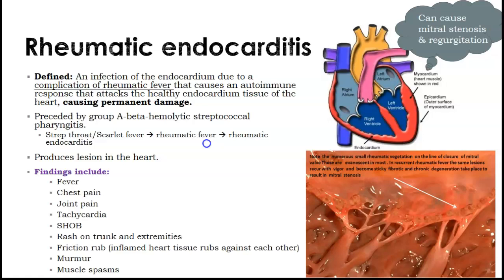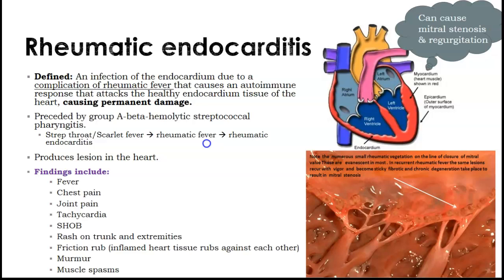So the actual attack on the heart here is not going to be the bacterium, but the body attacking itself. And the reason why this happens is it gets to a point where it's not sure, like an overreactive response.